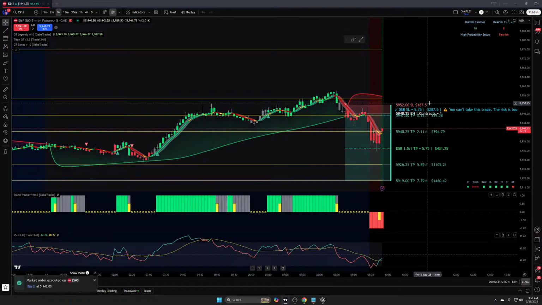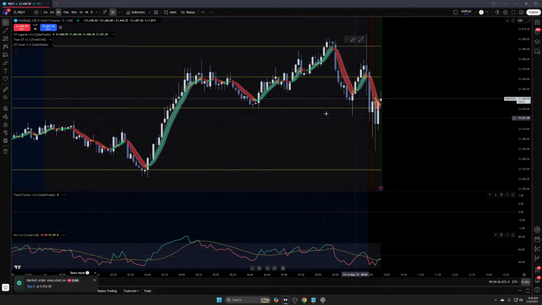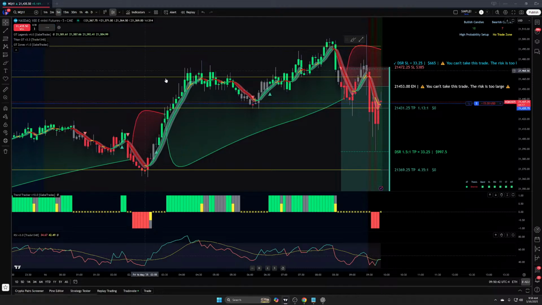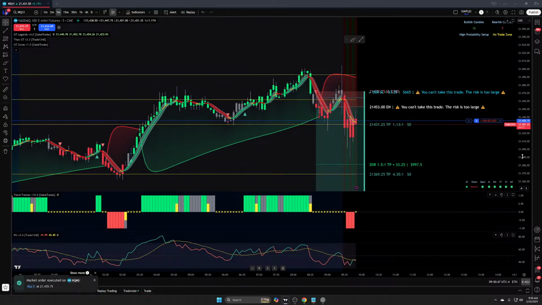I'm down 500. I'm going to go to NQ, and I know what it's doing here. Let me just change my contract number there. We'll change this to 3. I'm going to go ahead and buy. We'll buy 3 NQs, and we'll ideally take this up, right?